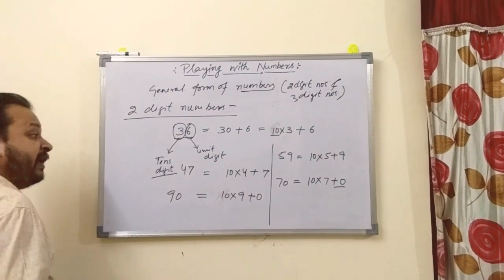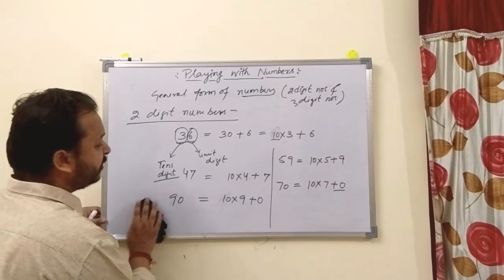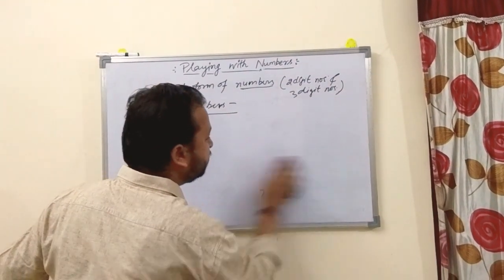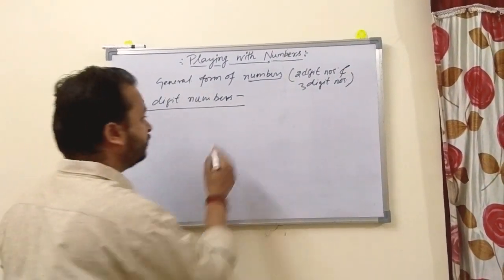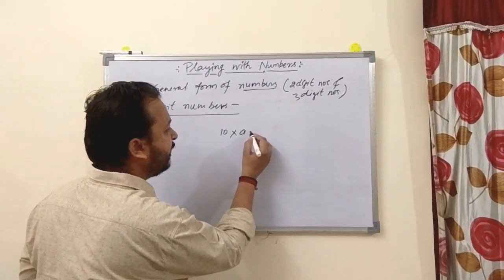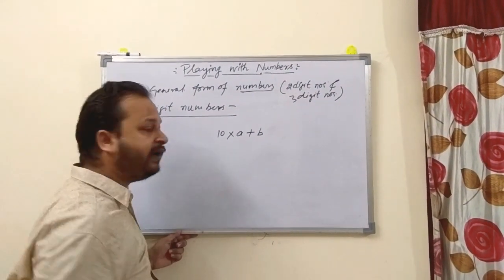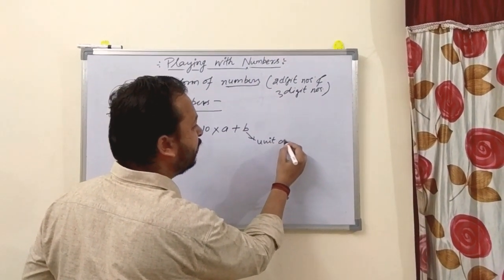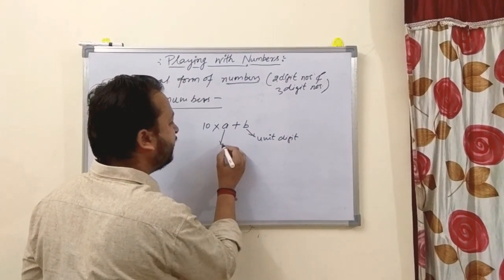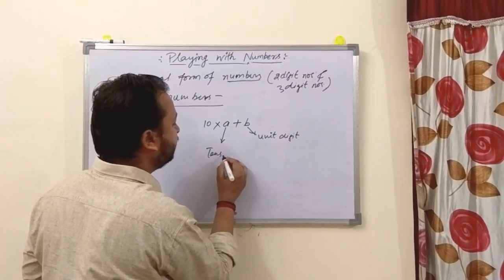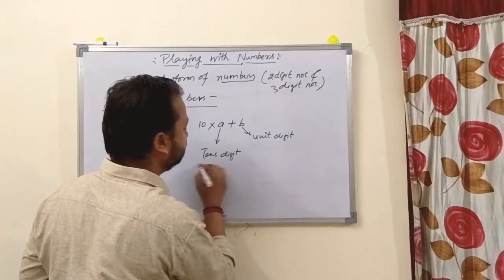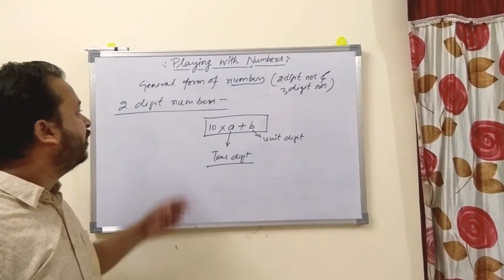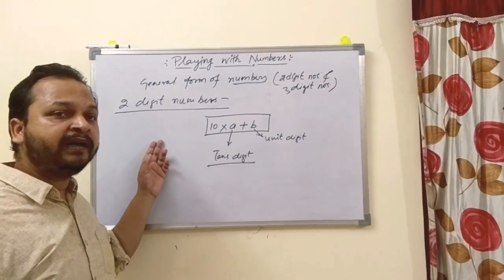So after seeing so many examples, we can write the general form of a two-digit number as 10 multiplied by A plus B, where B is the unit digit and A is the tens digit, right? This is the general form of the two-digit number.